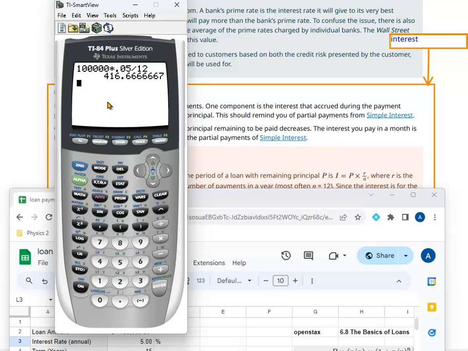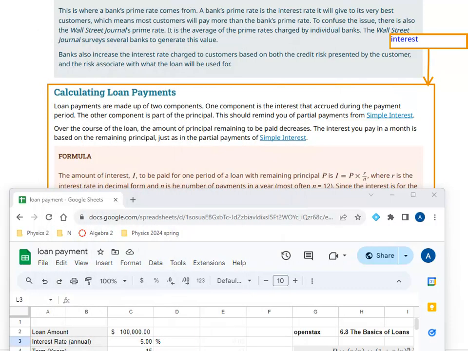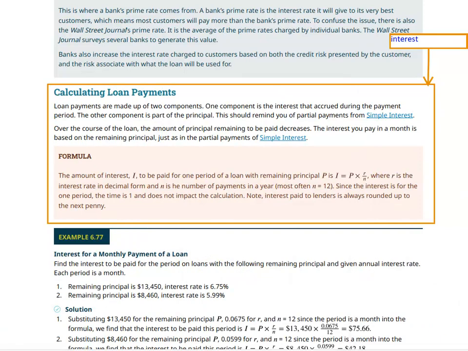So my first month will be $416. Then, of course, it compounds. But then again, I'm also paying off more than the interest. So actually, my balance is going to go down, and my interest is going to go down. And the amount that I pay off from the principal is going to go up with time. All right.